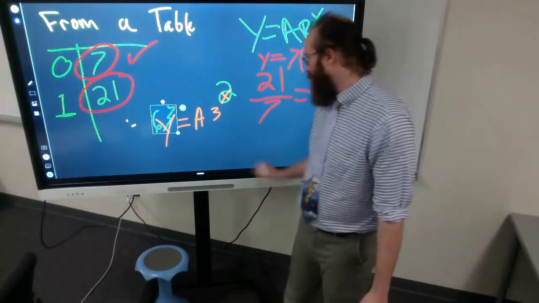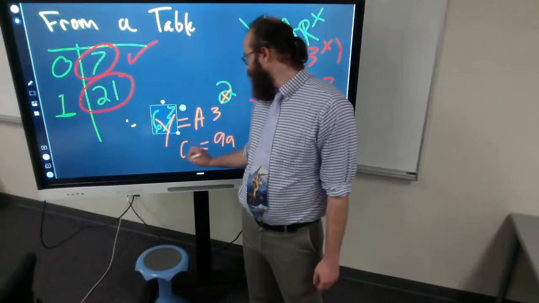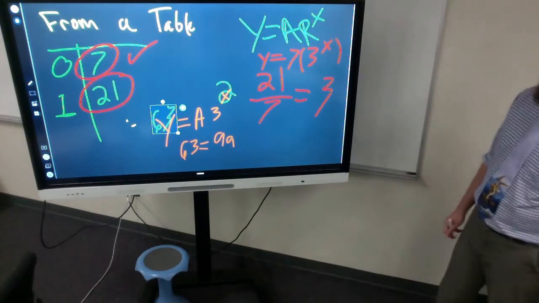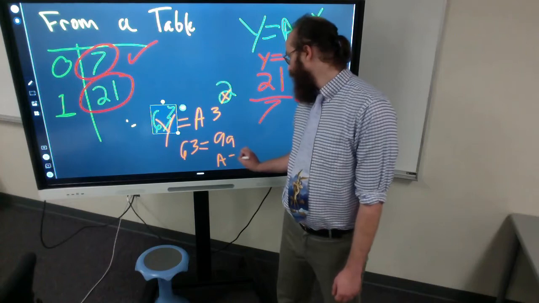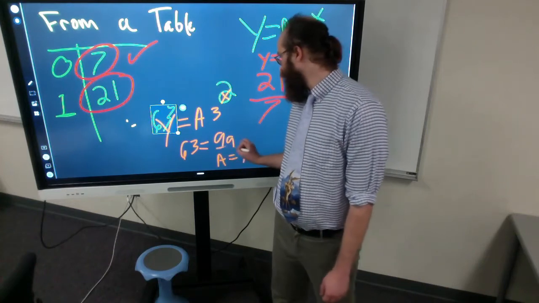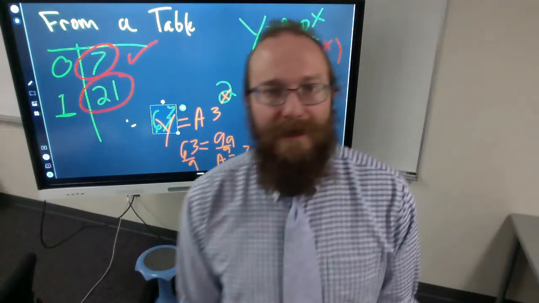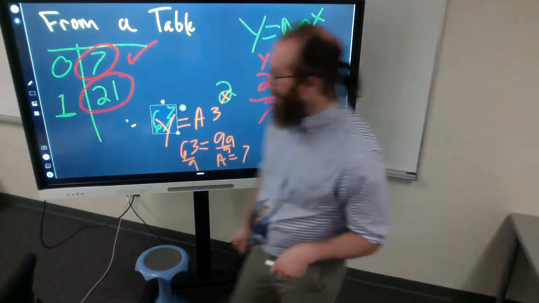So 3 squared is 9, 9a equals 63. If we divide 63 by 9, we get our a value, and a in this case equals 7. So we got 7 either way you looked at it, and that's how you find it from a table.